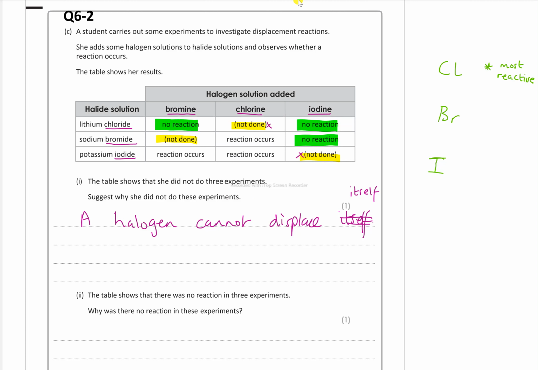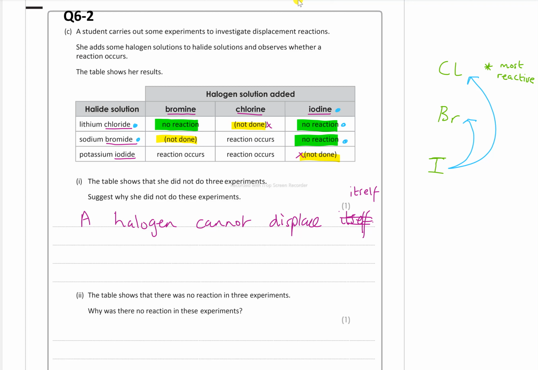So iodine cannot displace chlorine, and iodine cannot displace bromine.